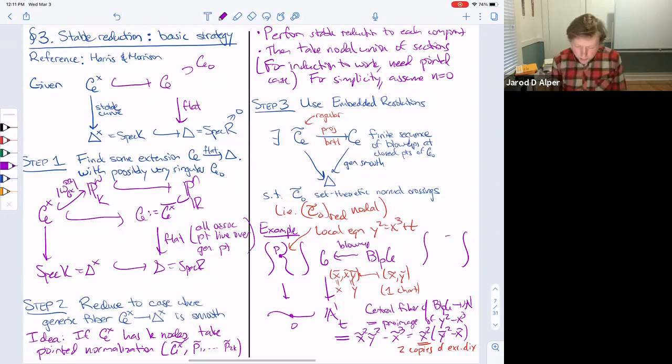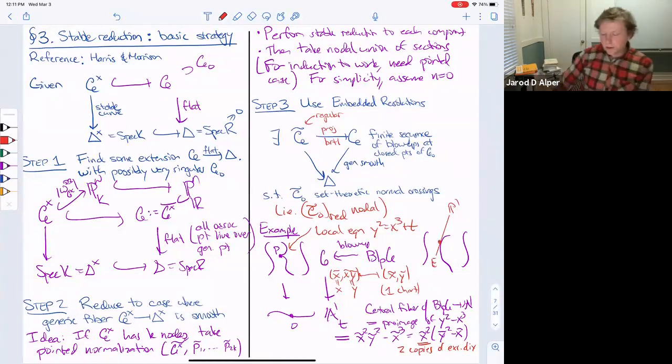And now the central fiber looks like an exceptional P1 meeting the rest of the curve tangentially, as pictured, because y squared minus x is like the parabola meeting the vertical line.